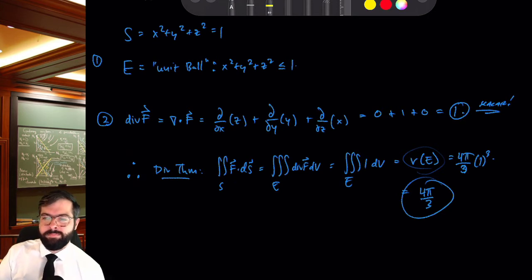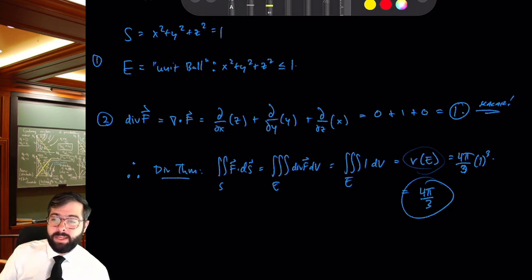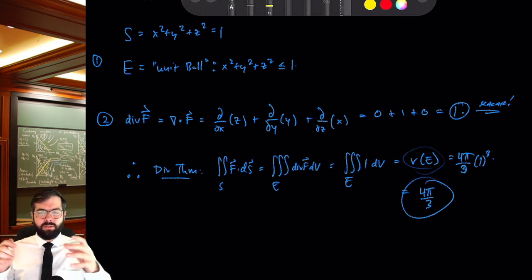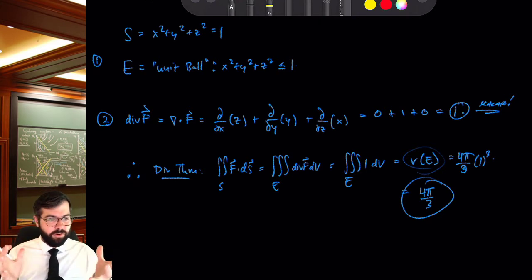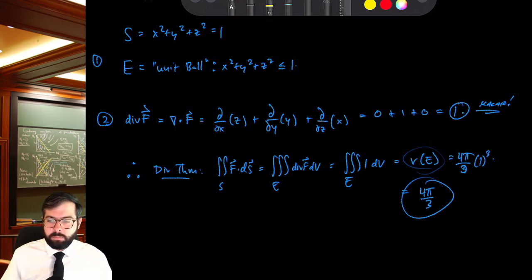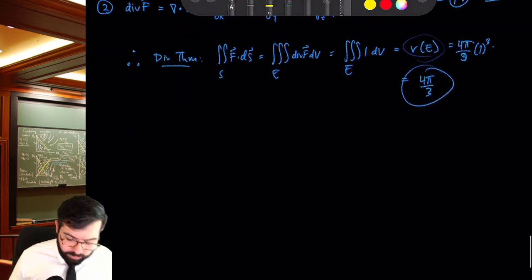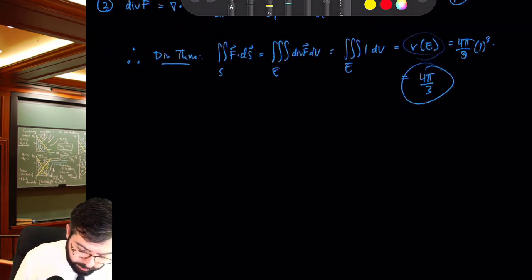So easier than computing the flux integral for sure. And all we had to know was what's going on in the interior of this solid in terms of the derivative of the vector field, right? The divergence, how things are changing. So let's do another one that's somewhat similar.